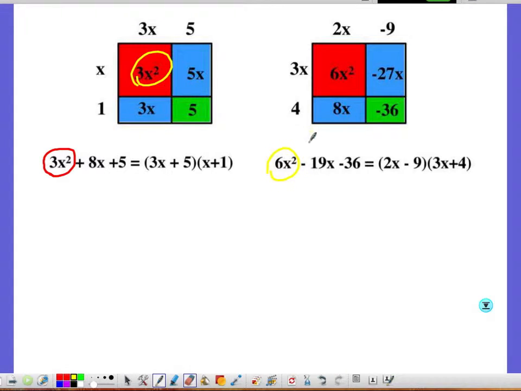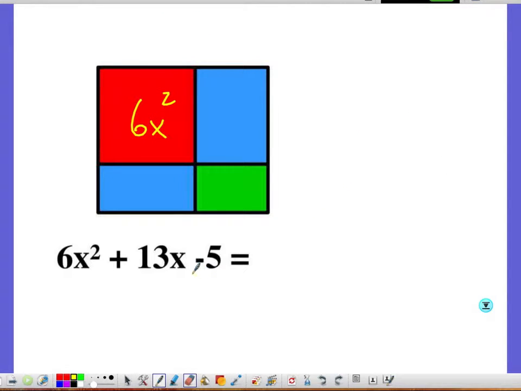Same thing that we did here. We took 6x squared, put it right there. And notice that my constant, the number that doesn't have any variables, is called a constant. The constant goes inside the green box. And so here my constant is negative 36, and that goes inside the green box. So that's what I'm going to do with my negative 5. Negative 5 goes in the green box.